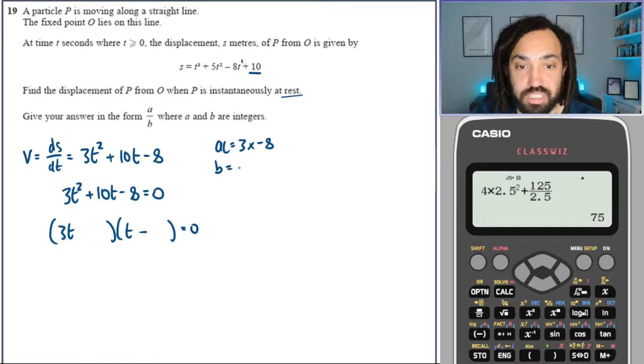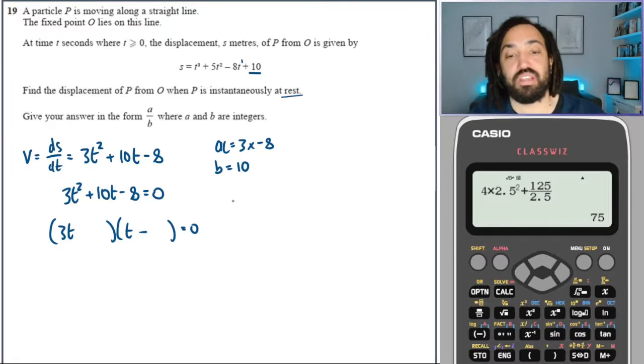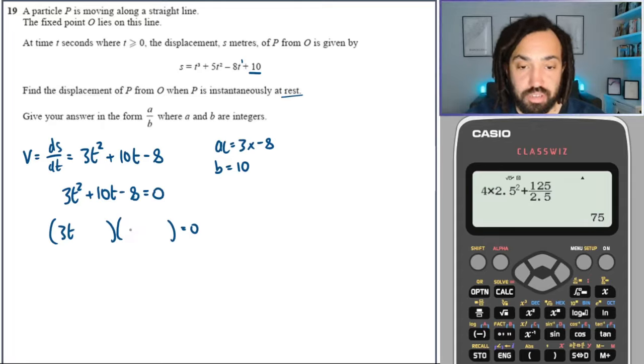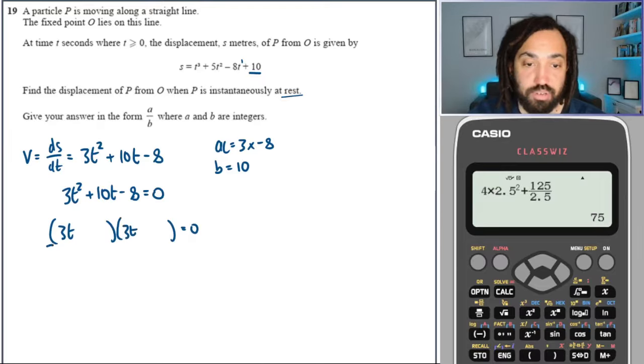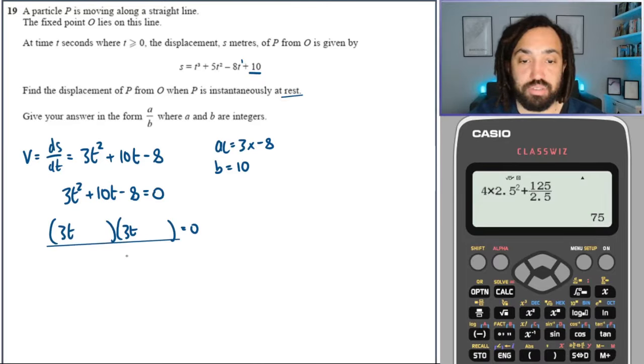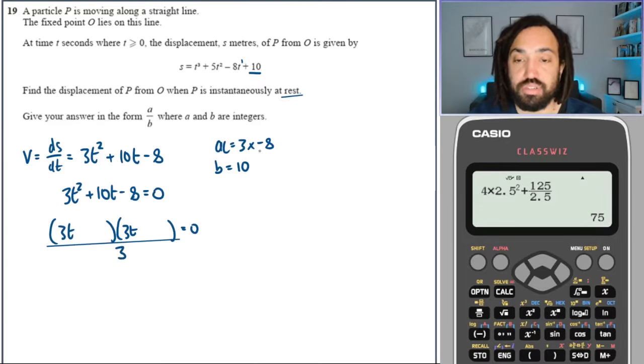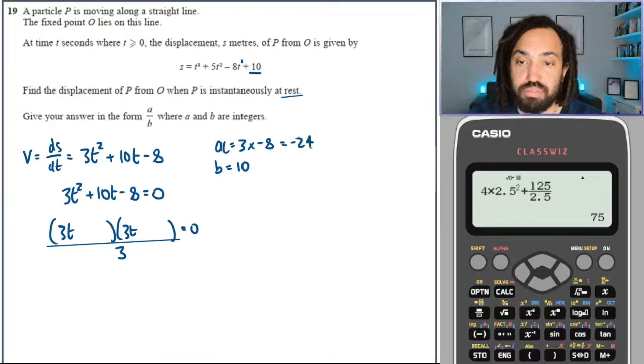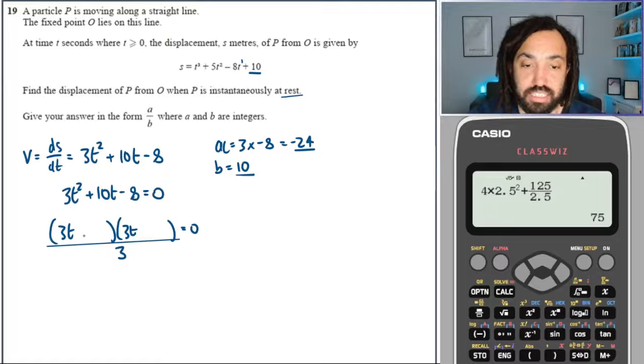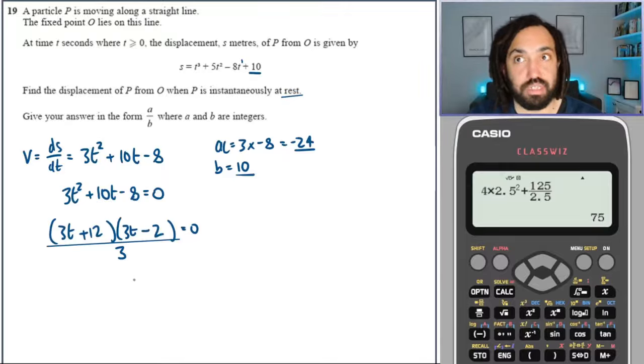And that would give you 10. So we write 3t in both and divide by 3. And the two numbers that we're looking for, times to make minus 24 and add to make 10, are 12 and minus 2. Does that work? Yes, it does.